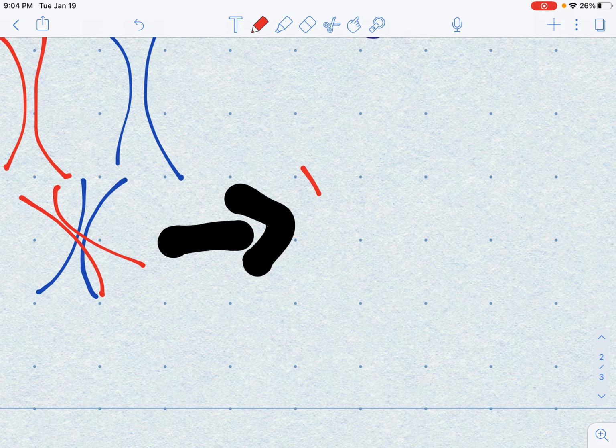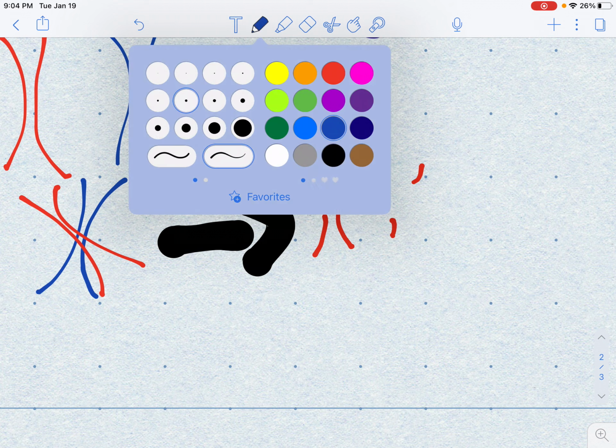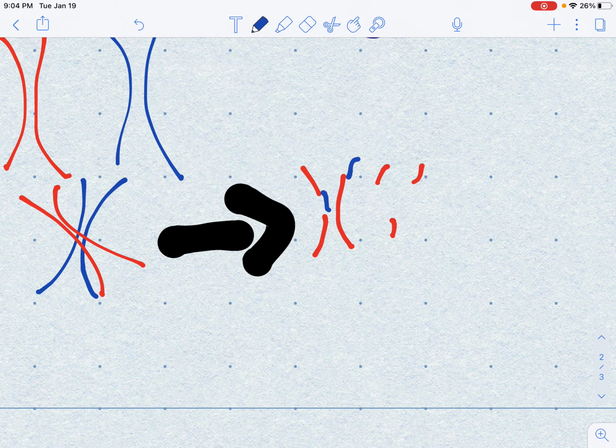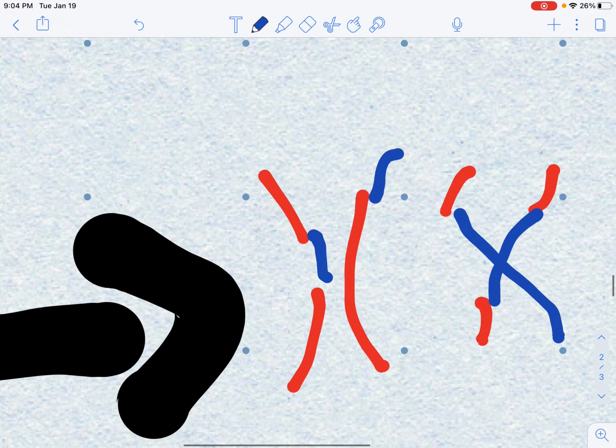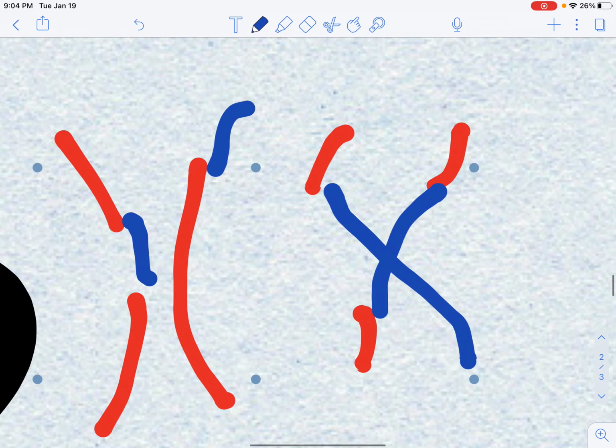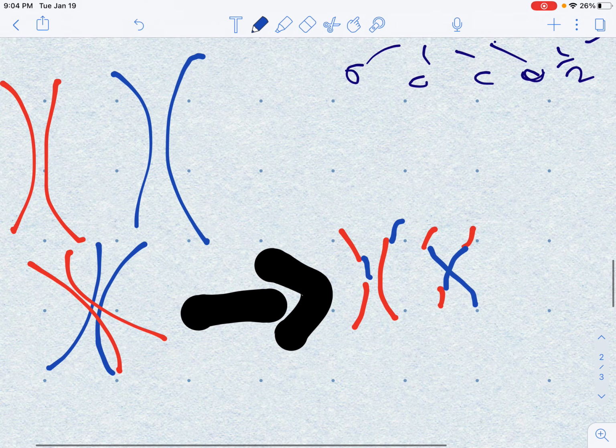So it'll look like this, and I don't know how to really describe it with words, but as you can see over here, it's just kind of mixed. So this one has a bit of the other person's, and this chromosome has a bit of the reds, and that's just crossing over.